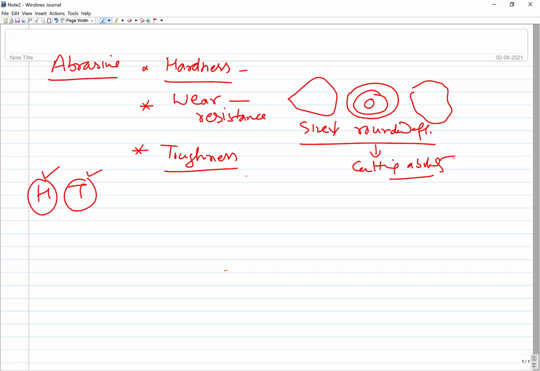Because the wheel is rotating at 3000 rpm and suddenly it comes in contact with the workpiece which is almost stationary, definitely there will be some kind of sudden impact on the surface of the abrasives. If there is no toughness, then it will simply break like cast iron or break like glass, so it will not be able to perform any cutting.